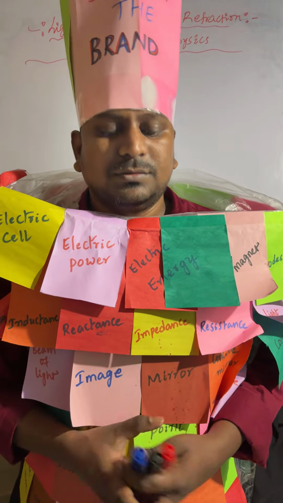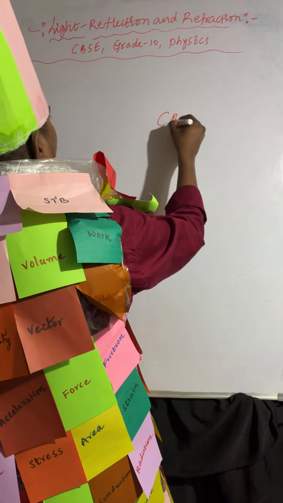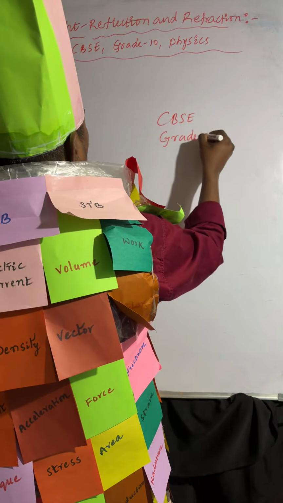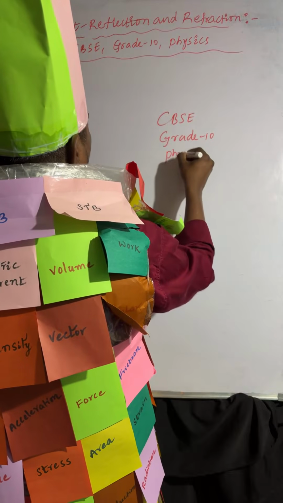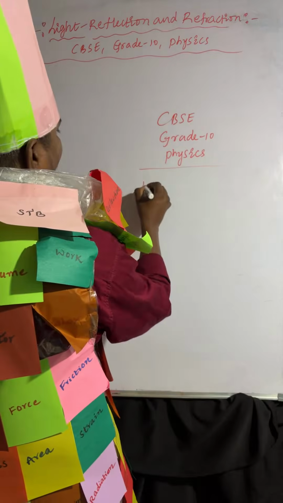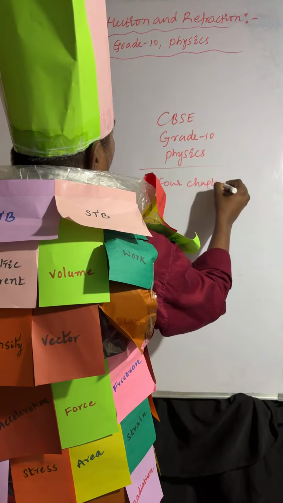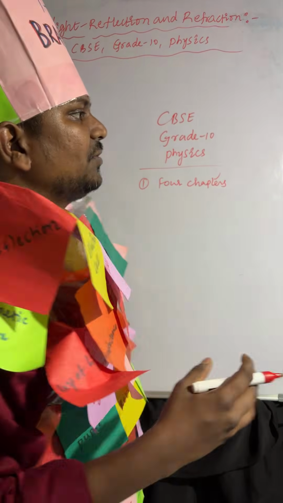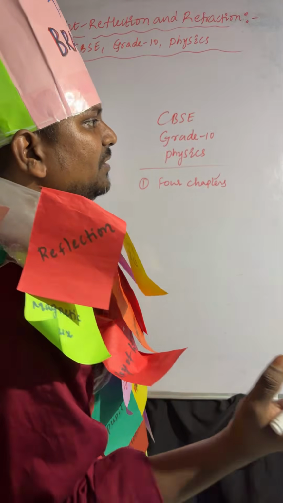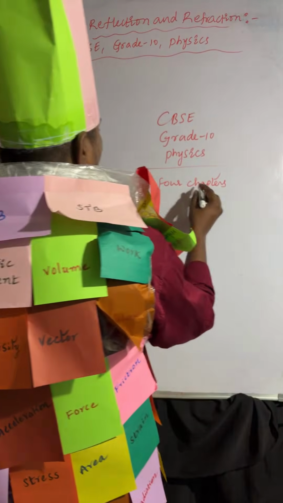Okay, so those who are there in 10th class, CBSE grade 10 physics, exclusively for you, four chapters. What are the four chapters? Light reflection and refraction, human eye and colorful world, electricity, and magnetic effects of electric current. Okay, four chapters.